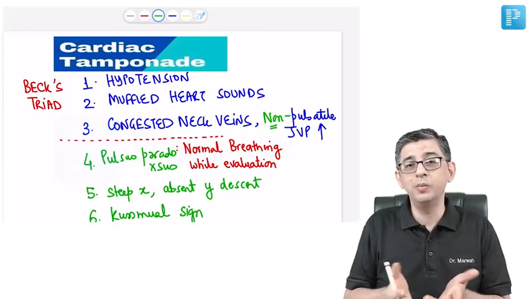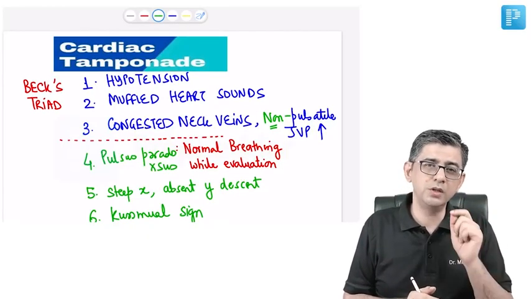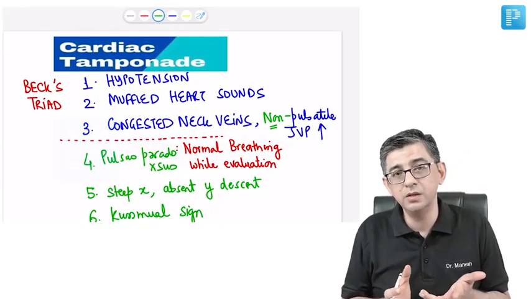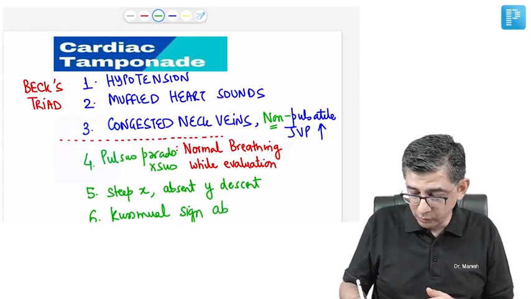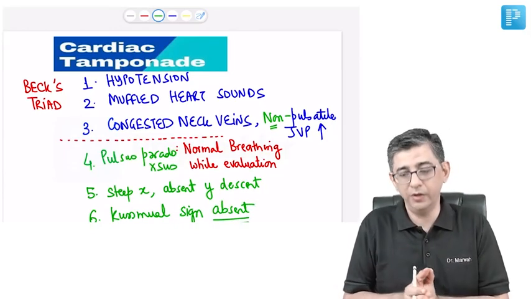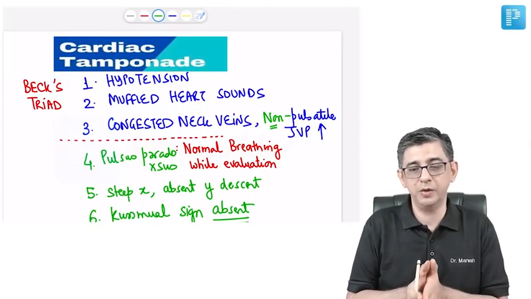But here there is no pulsation. For Kussmaul sign to be appreciated, I said Kussmaul sign is paradoxical rise. If there are no pulsations, I can't say whether it is rising or whether it is falling. So I am writing here Kussmaul sign is absent. Points number 4, 5, 6, I would say, need the respect that they deserve from the question's perspective.